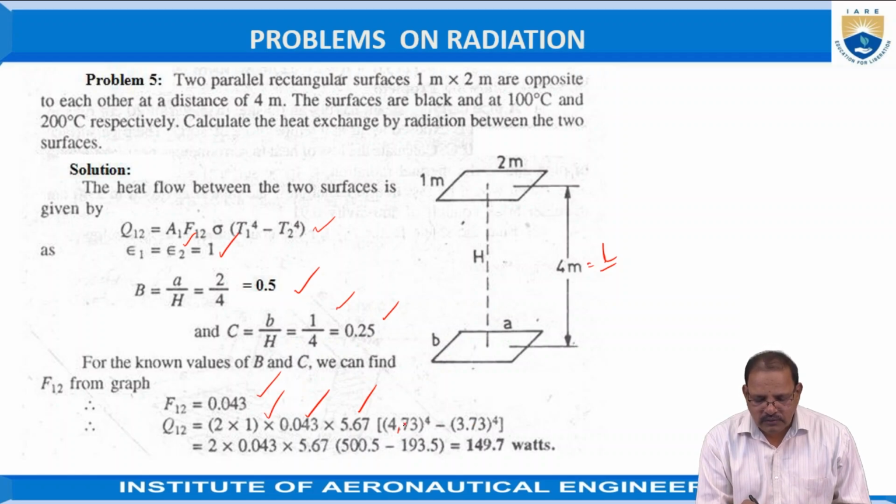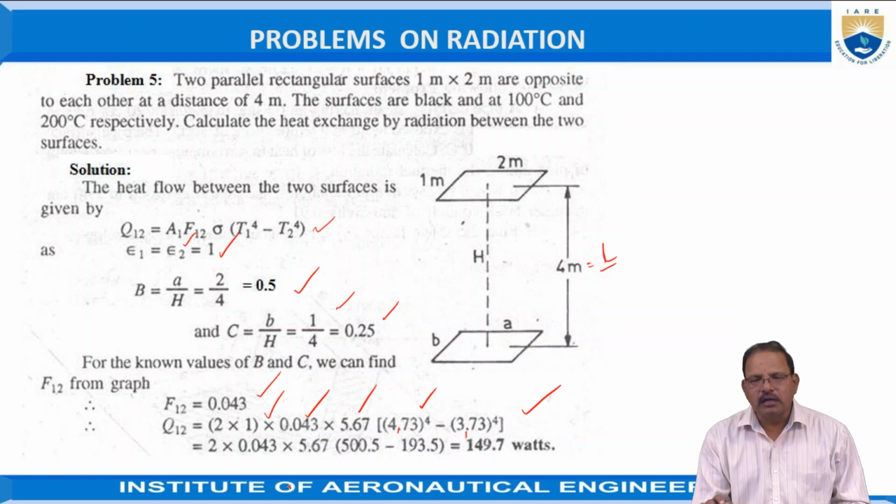Doing the calculation, we got 149.7 watts. This is the amount of heat energy transferred from surface 1 to 2 when they are maintained at 200 degrees centigrade and 100 degrees centigrade.